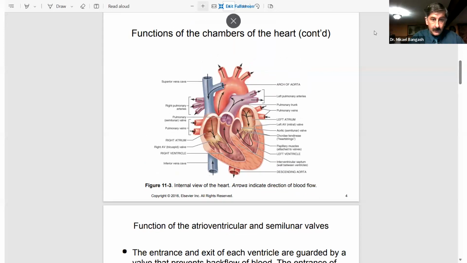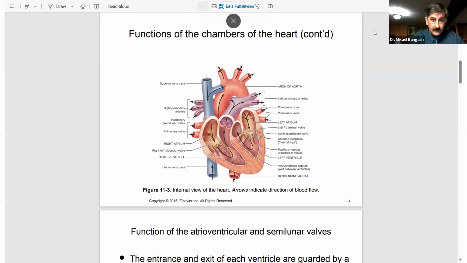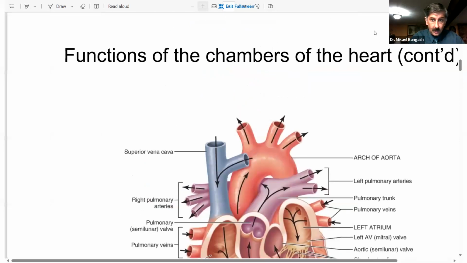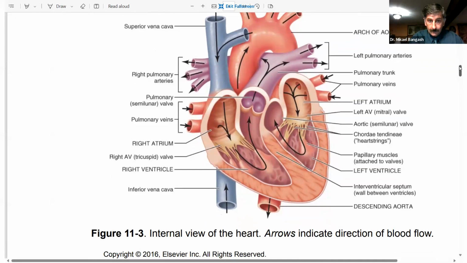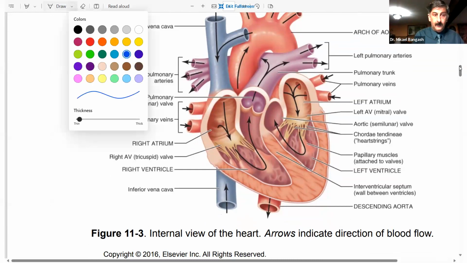But what I just want to show you is what we just talked about. This is a section of the heart, where you can see all this.